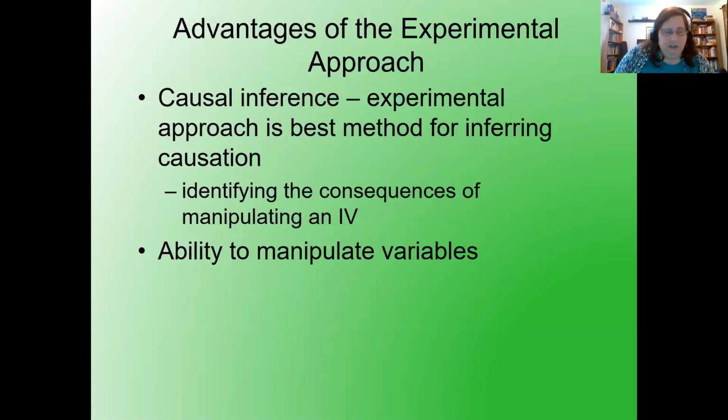Now, if you have the same example without random assignment, again, same IV, new drug for anxiety, same DV, measuring anxiety levels, but you're going to let those participants self-choose which group they want to be in. What are you going to get? Who's going to choose to be in your treatment group? Those who want treatment, those who are willing to take a medication are more likely to be in the treatment group. Those who fear medication are more likely to be in the control group.